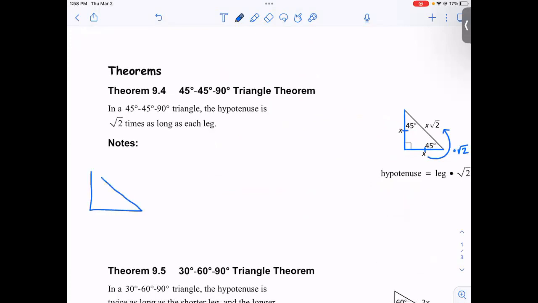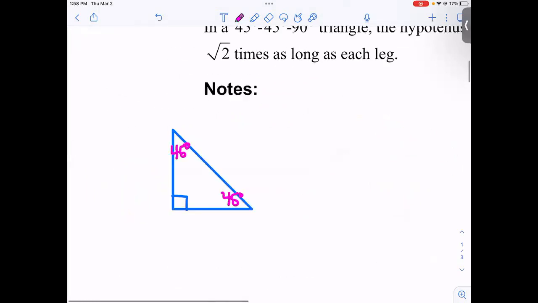So if I have a right triangle whose angles are 45, 45, and then 90, and my legs are both length 3, then to get to our hypotenuse, we are going to multiply our leg by radical 2.